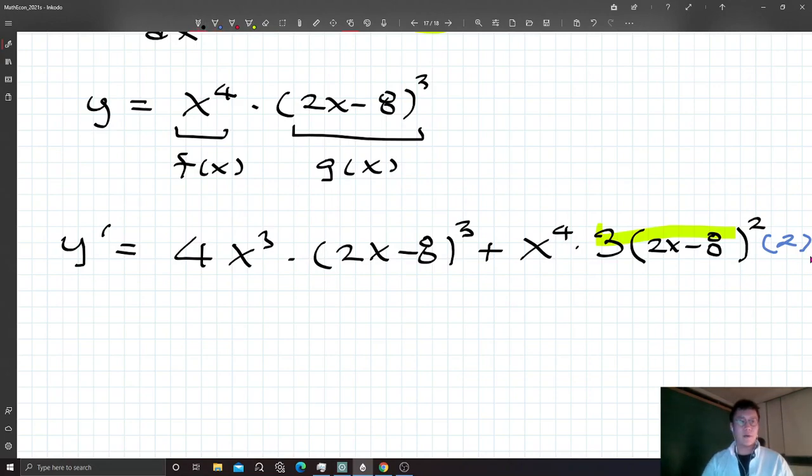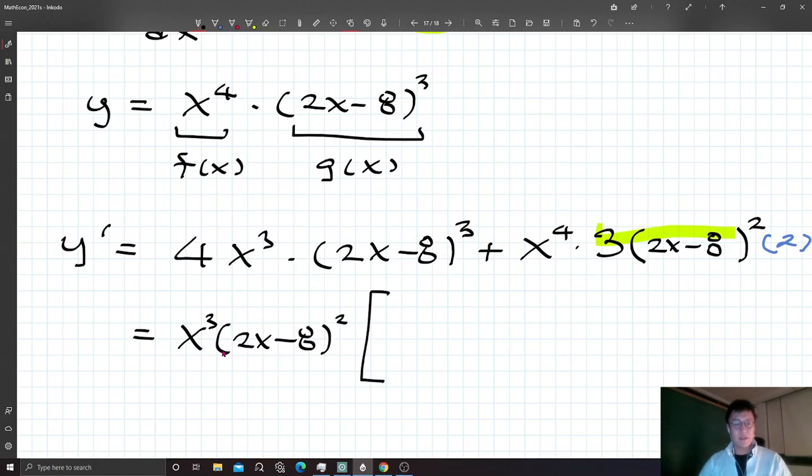Okay, so I can simplify further because I can see some common factors here. The common factors are x cubed and (2x minus 8) squared. Okay? So after factoring out these two, I will be left with 4(2x minus 8) from the first term.